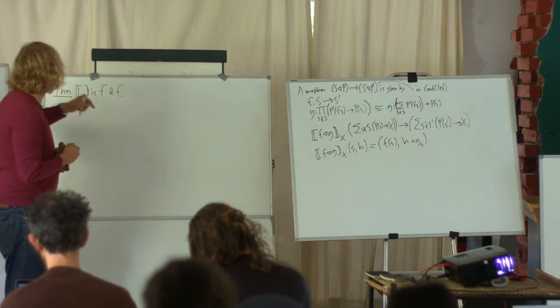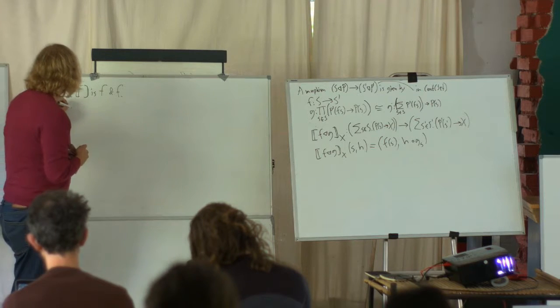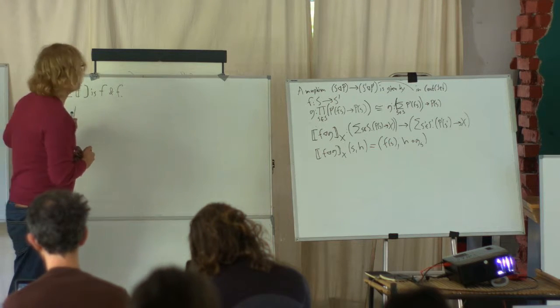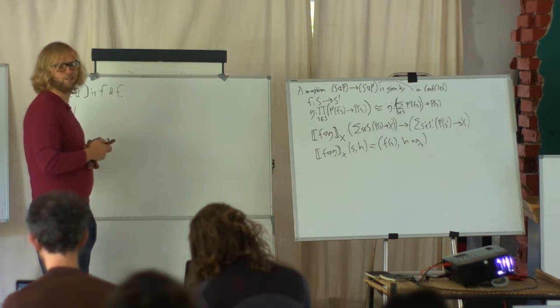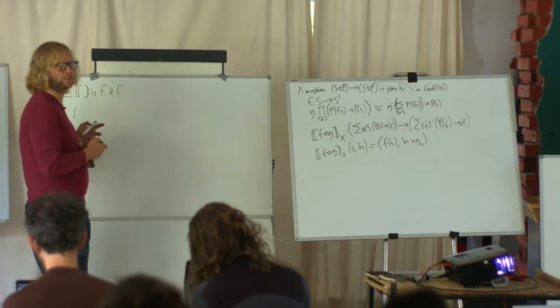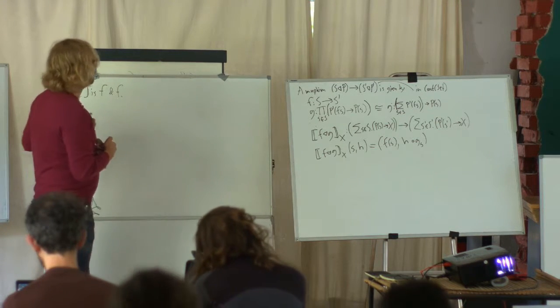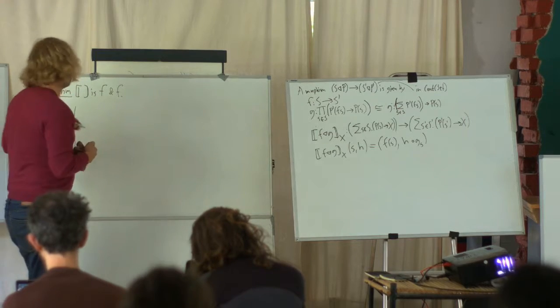So full and faithful means that the morphisms in the image are in bijective correspondence with the morphisms in the target of this functor. And the morphisms in the image are natural transformations.